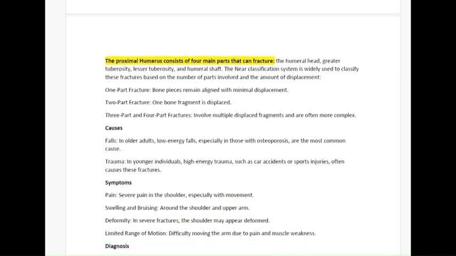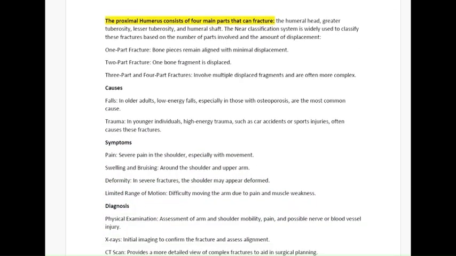The causes: it can happen due to falls in older adults, low energy falls, especially in those with osteoporosis. The most common cause is the fall. In younger individuals, high energy trauma such as a car accident or sport injury often causes the fractures.